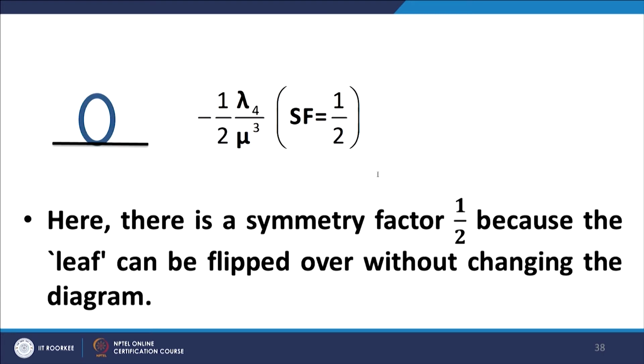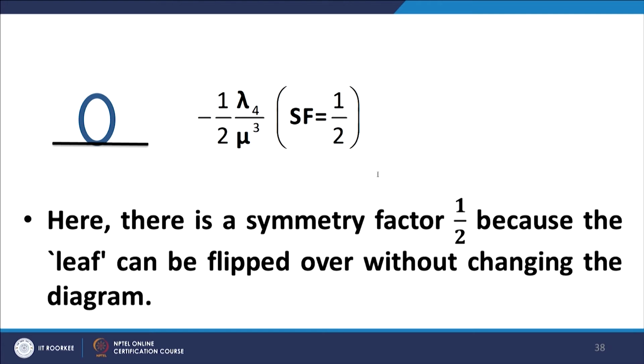Here we have a loop with a line. Now, if you look at it carefully, this is a 4 vertex. The point at which the line and the loop are connected is a 4 vertex, where 4 lines emerge from that vertex, and therefore, it is a lambda 4 vertex. So, it evaluates as minus lambda 4.